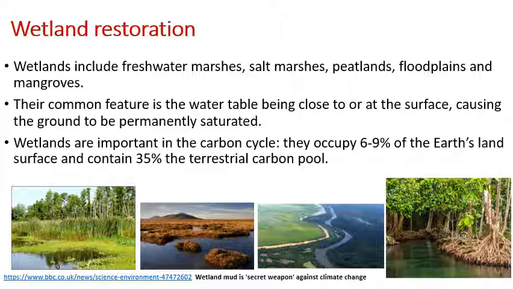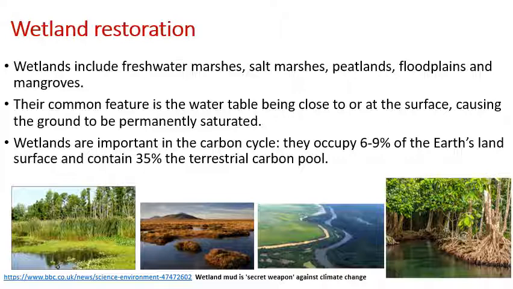And wetlands are really important to the carbon cycle because of the carbon that they store within their system. They occupy about 6 to 9% of the Earth's land surface, and they contain 35% of the carbon stored on the land, terrestrial carbon.